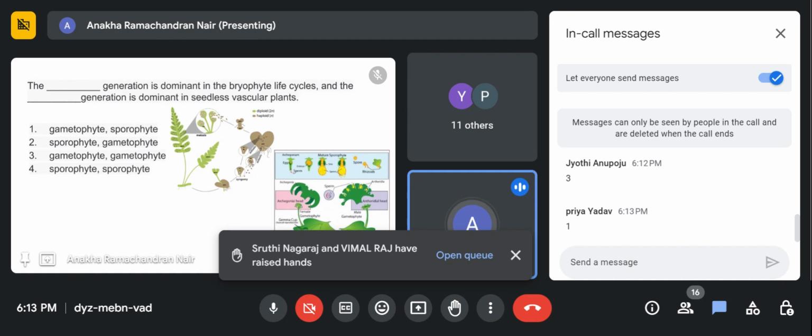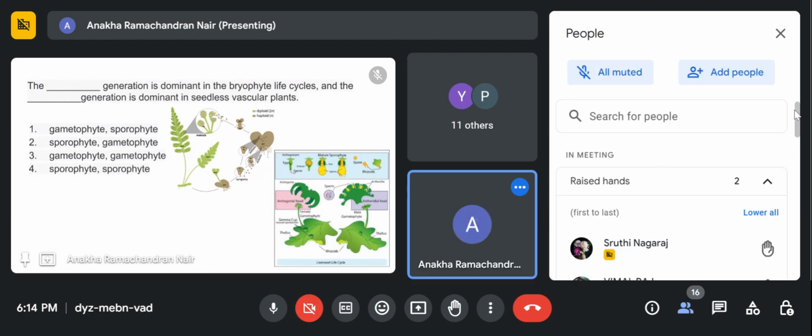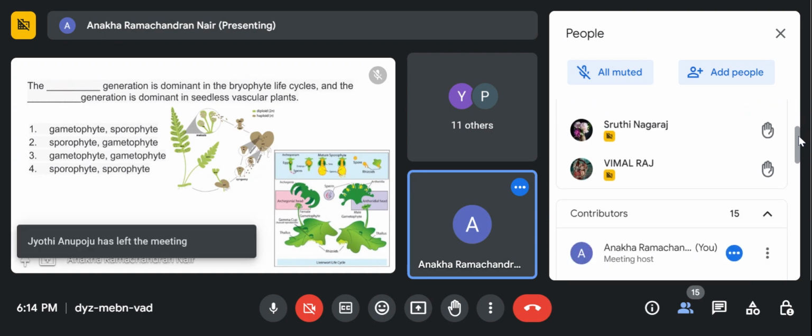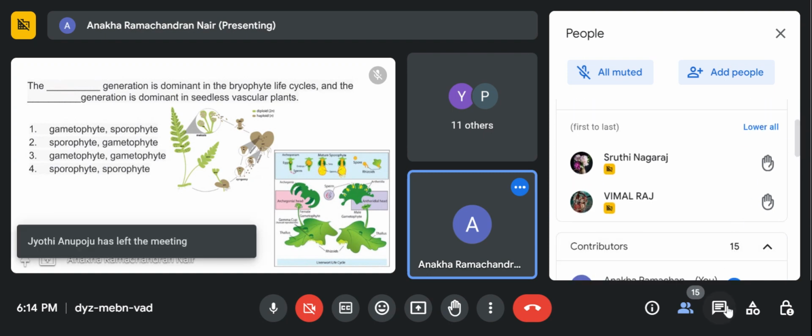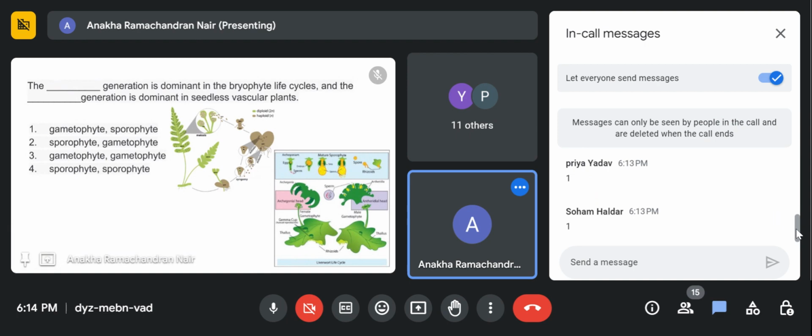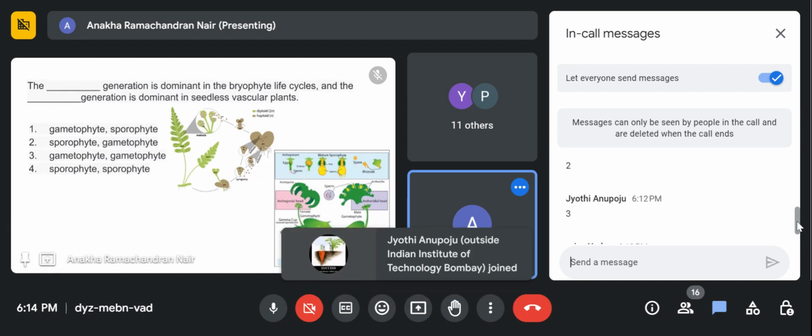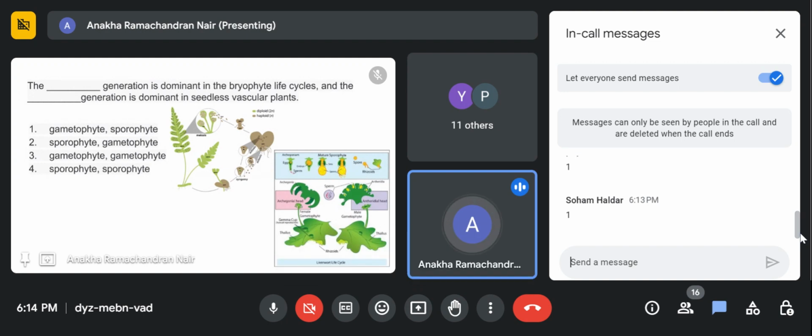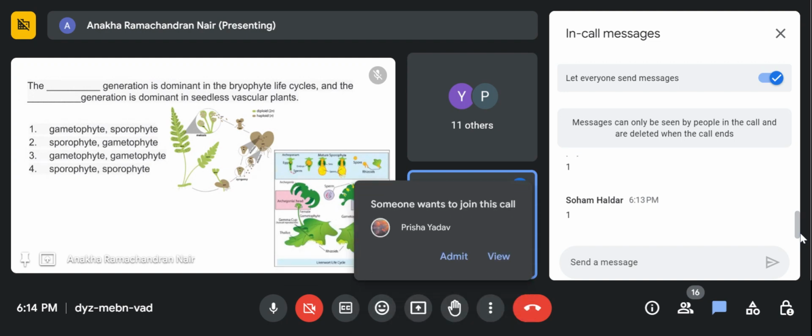You can write in the chat also in case you don't want to speak. Shruti and Vimal, I think you guys had raised your hands. I hope you can hear me.